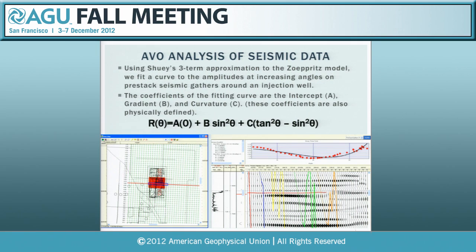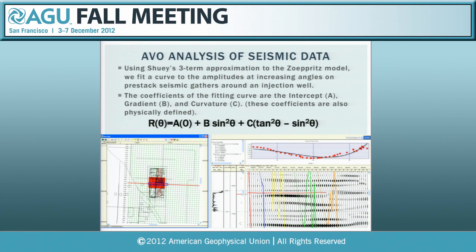So we have pre-stack data here, and instead of using the ugly Zoeppritz equation, we fit a curve to a given point on the stack and use fitting parameters. These coefficients are physically defined. They represent various properties of the reservoir, but when we just use them as fitting coefficients, we can map based on these particular coefficients.